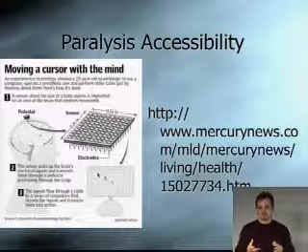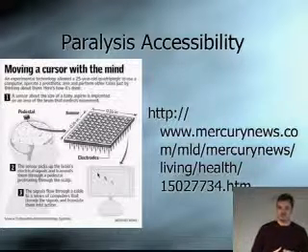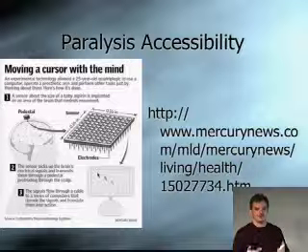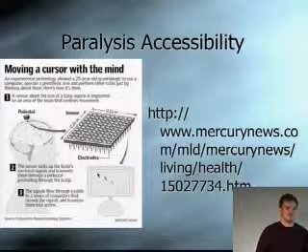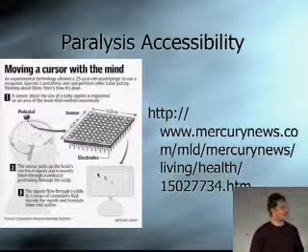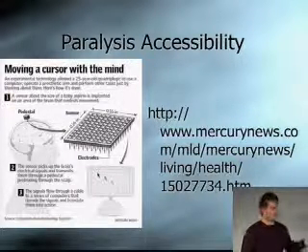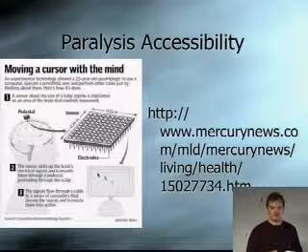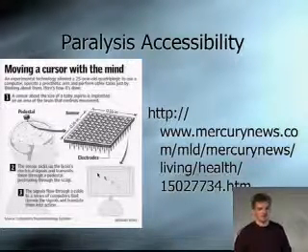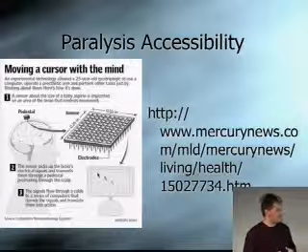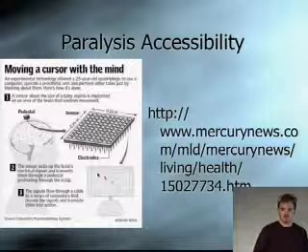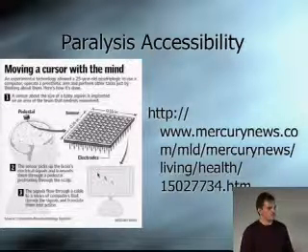This one isn't so portable at the moment because of the computational power you need, but once computational power increases, which it always does, this should be able to fit in a small PDA eventually, probably another decade or so. This allows a person who can't move any of their limbs to navigate around a computer. They can access email, I think they can reply to email, and they can move the cursor around the screen. So this is a good alternative for them.